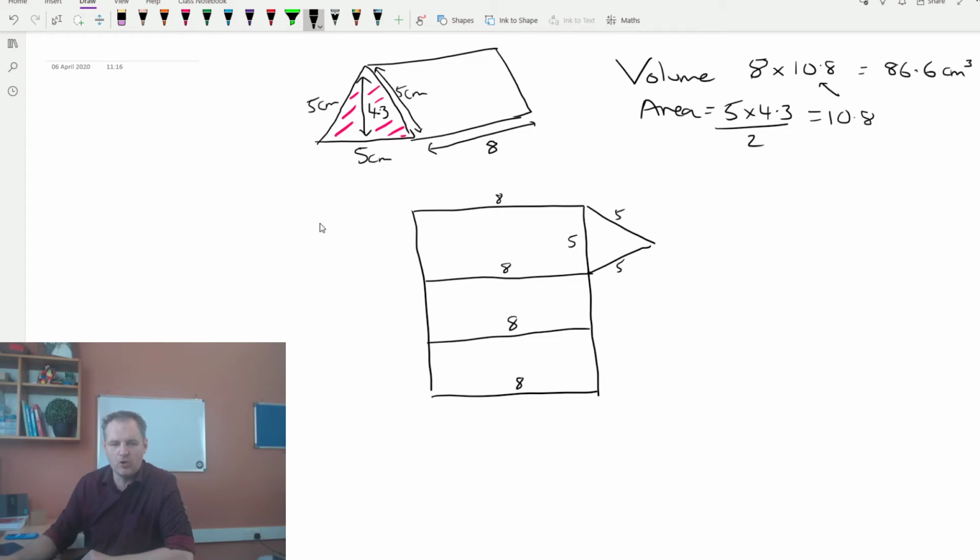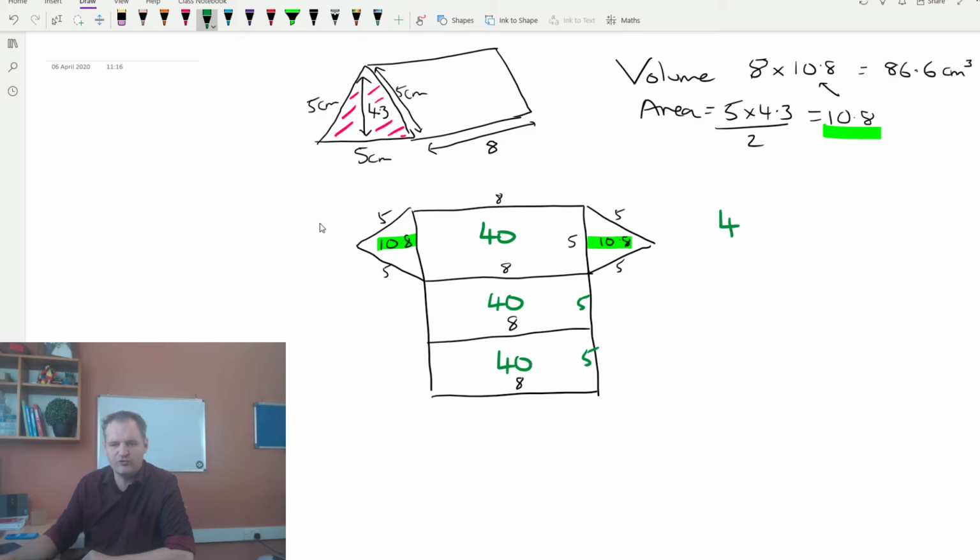But we fortunately have already worked out that this was 10.8. That's one of the things we get to use from the previous answer. Look, that bit there allows us to put 10.8 in the two triangles. Then we just have to add, well, that one's going to be 40. 8 times 5. 8 times 5 again.